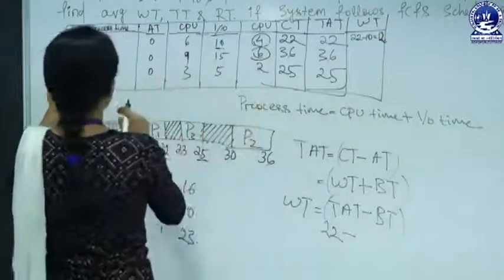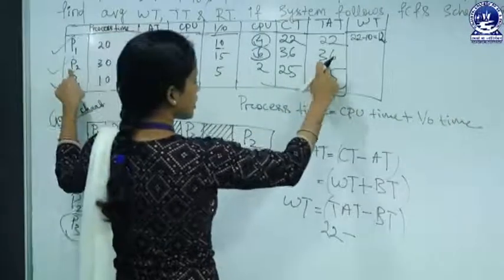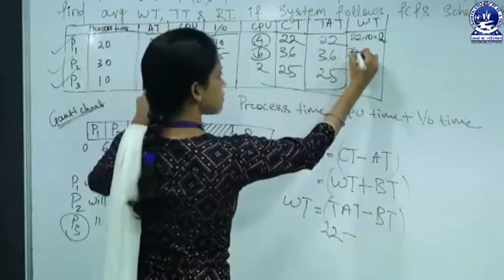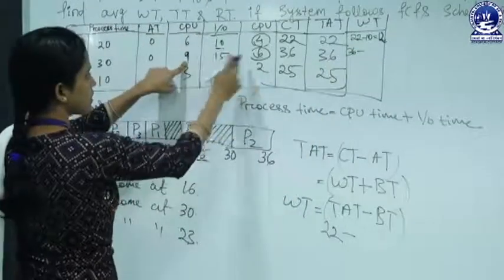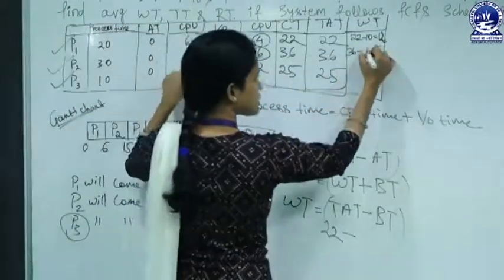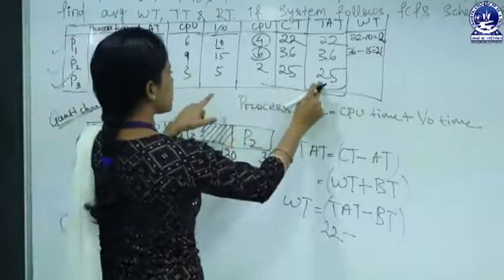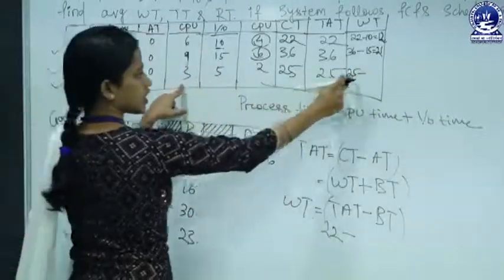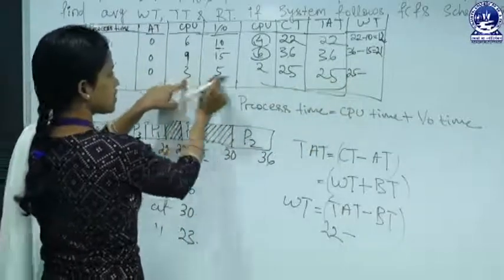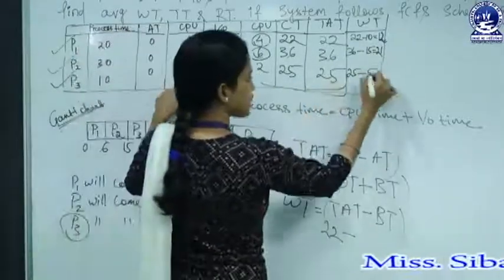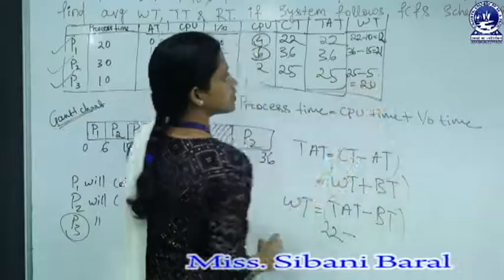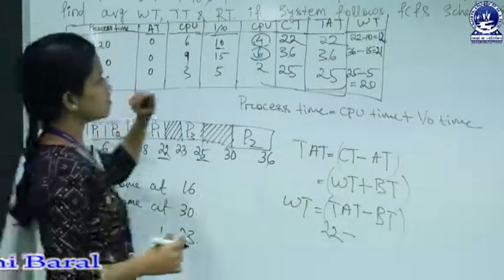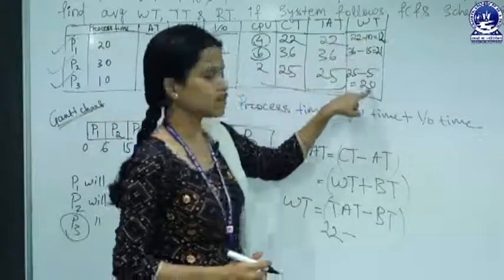For P2, waiting time would be 36 minus 9 plus 6, that is 15, so 21. For P3, turnaround time minus burst time, 25 minus 3 plus 2, that is 5, so 20. Okay. So, the waiting times of P1, P2, P3 would be 12, 21 and 20.